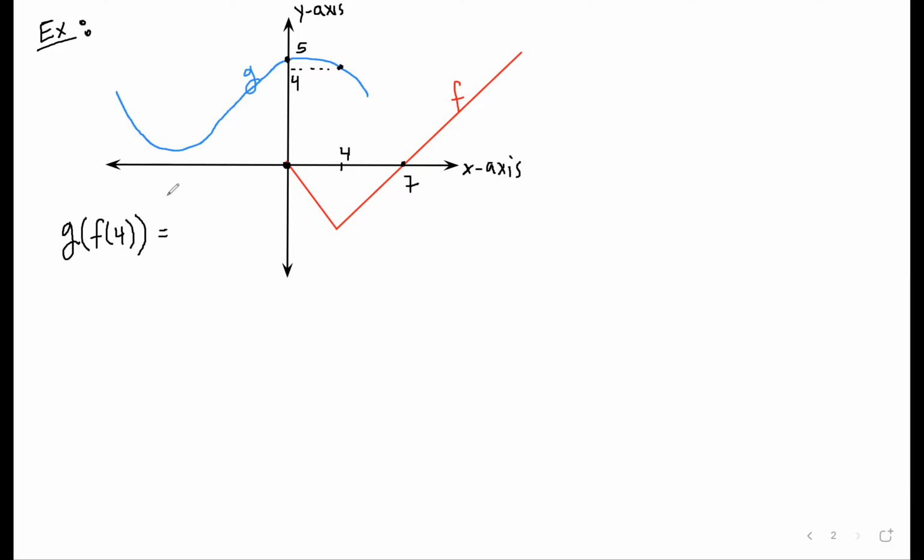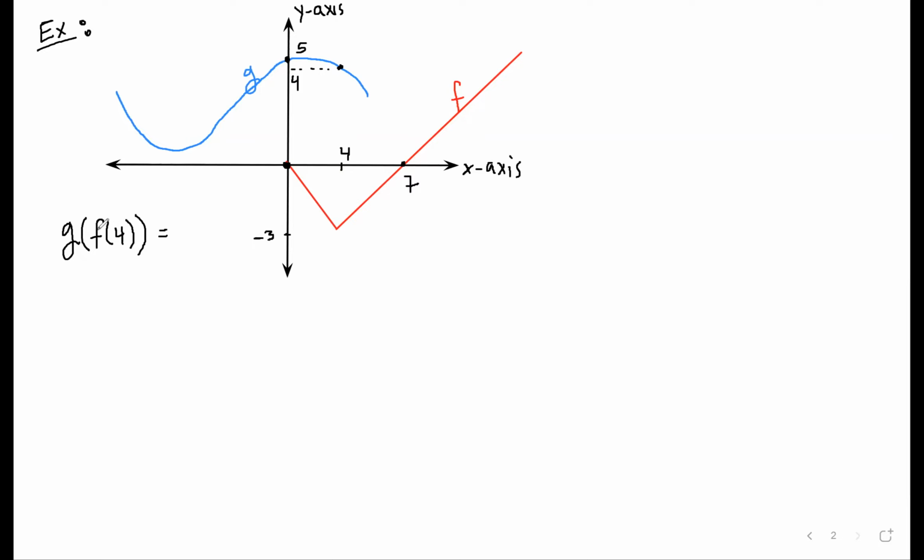This is my question. First, we have to look for the value 4 in the f function. The y value for the f function is this point here. Suppose this number is minus 3.